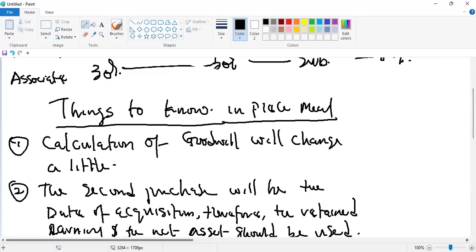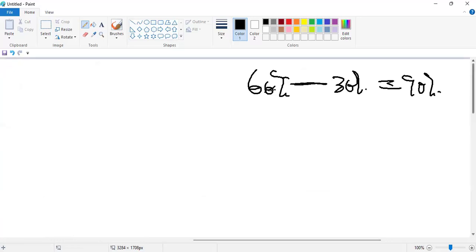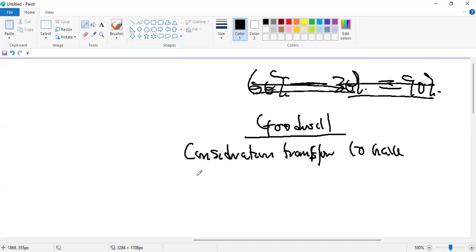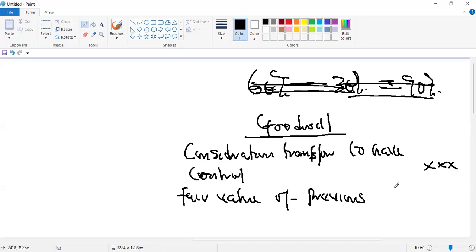If I want to calculate goodwill in piecemeal acquisition: consideration, plus the fair value of the previous investment.